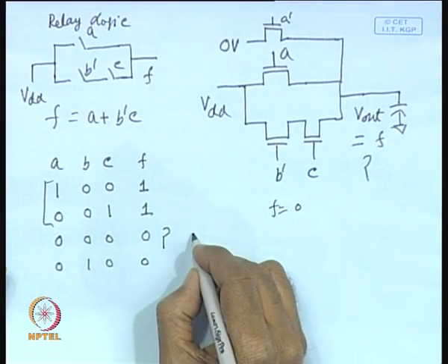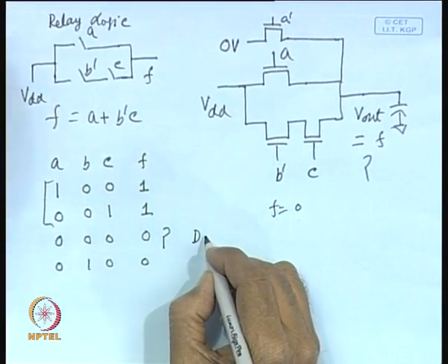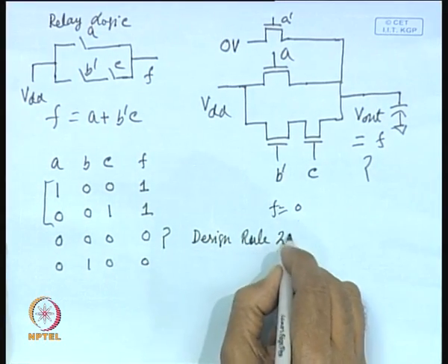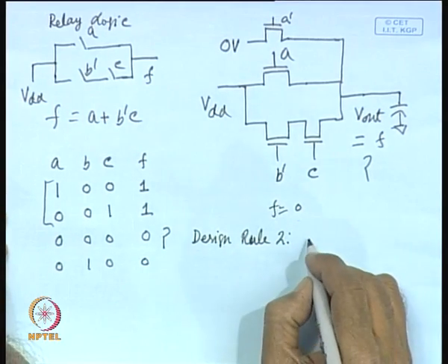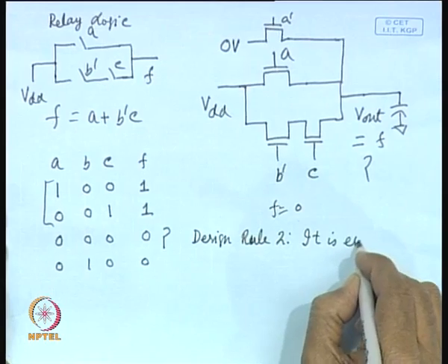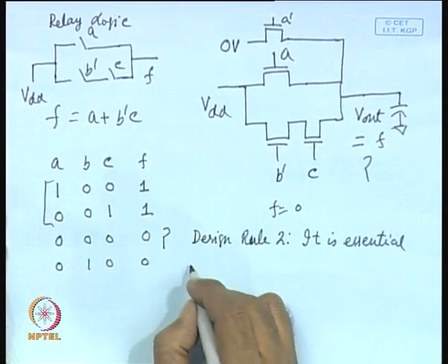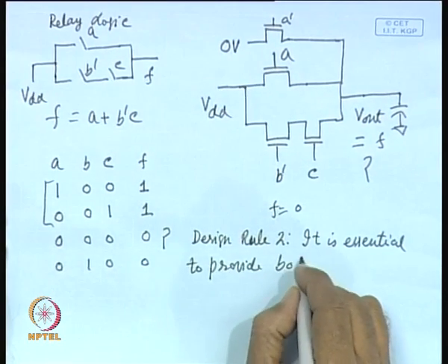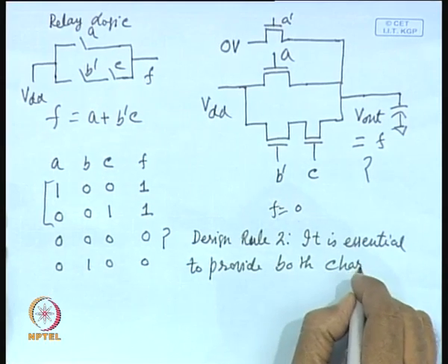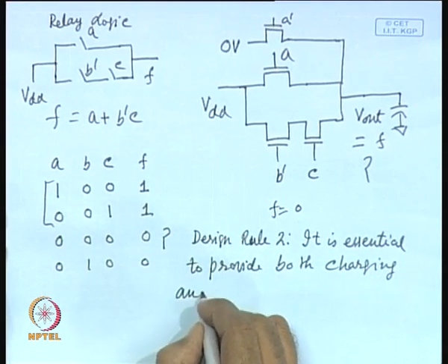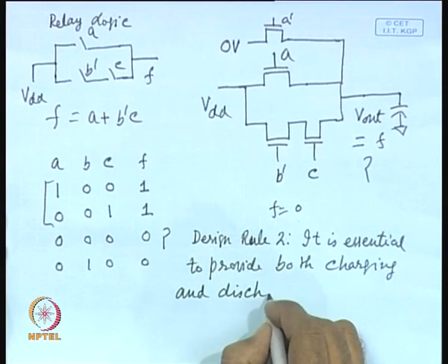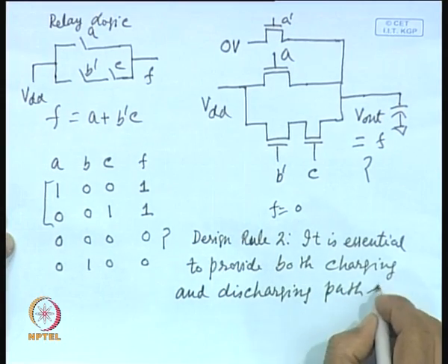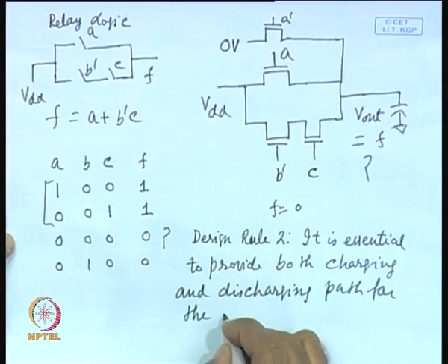So what is the design rule 2? Design rule 2 is, it is essential to provide both charging and discharging path for the load capacitance.